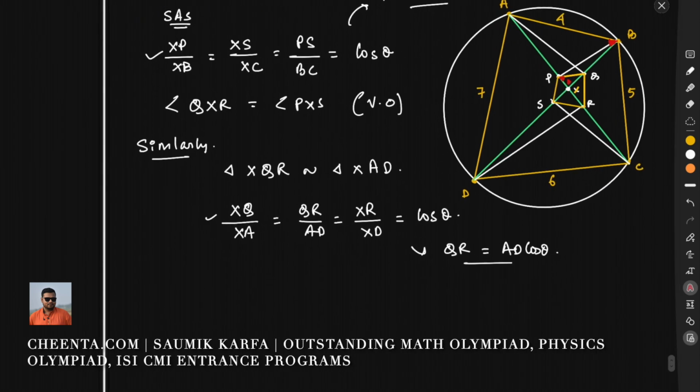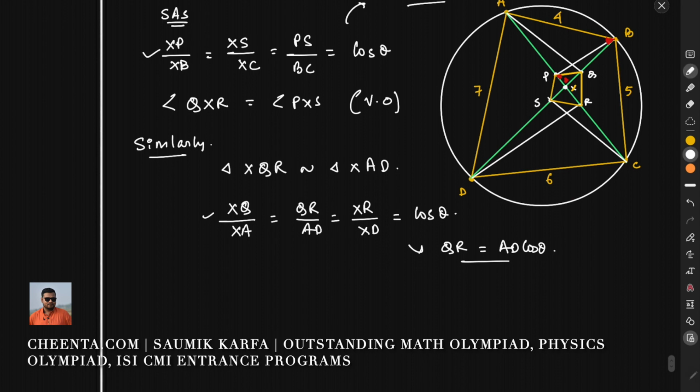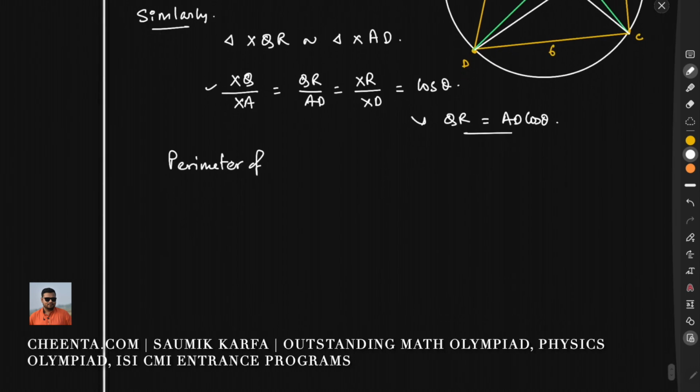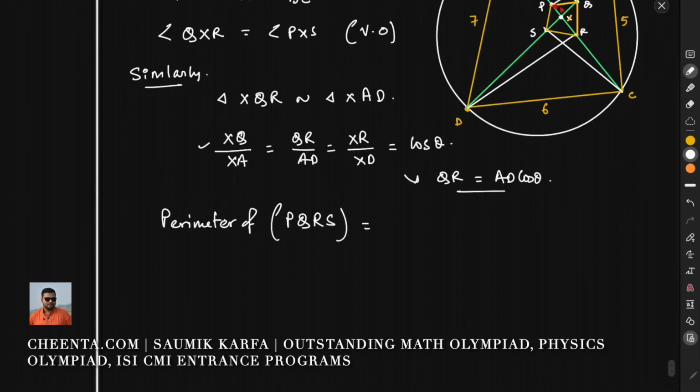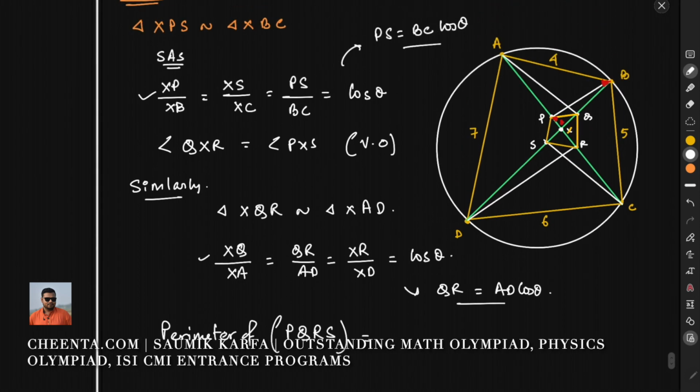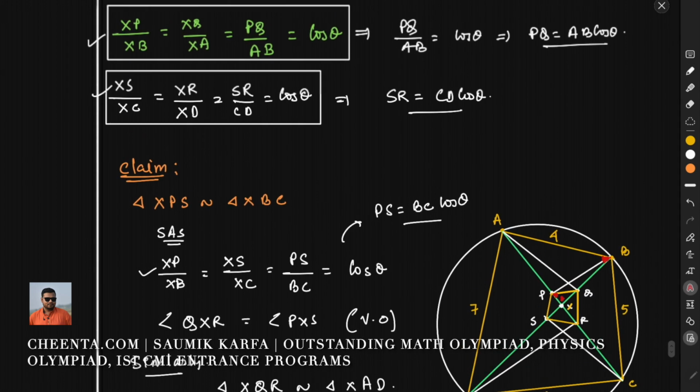And on the right hand side, what am I getting? The perimeter of PQRS is equal to AD cos theta plus BC cos theta plus CD cos theta plus AB cos theta.